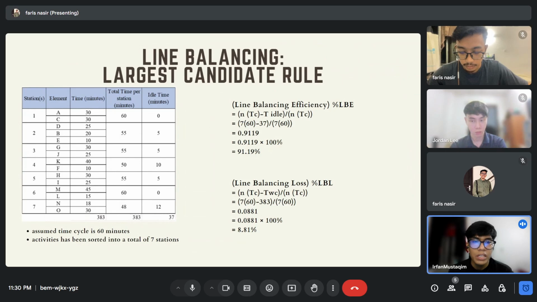For LBE, the formula is (n times cycle time minus idle time) over (n times cycle time), and we managed to get 91.19% after the analysis. For line balancing loss, LBL, the formula is (n times cycle time minus total work) over (n times cycle time), and we managed to get 8.81%.